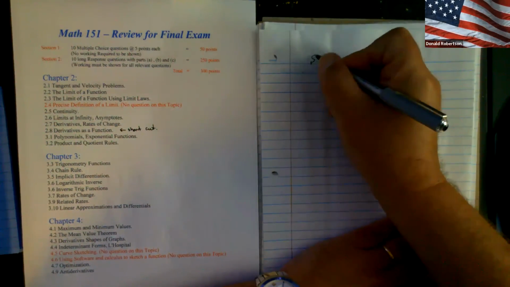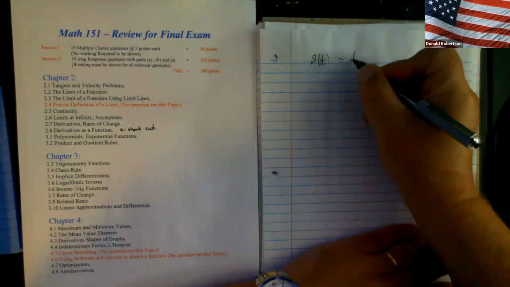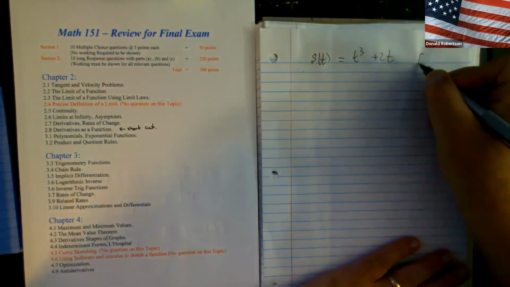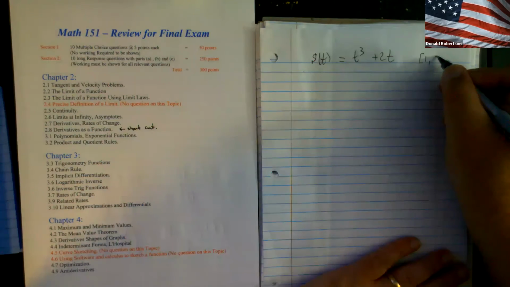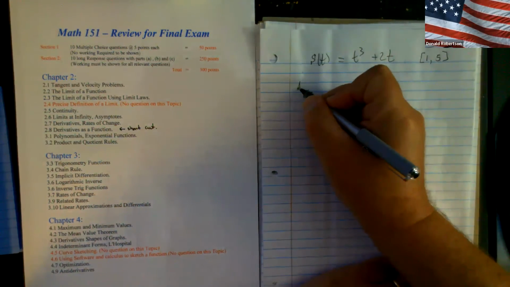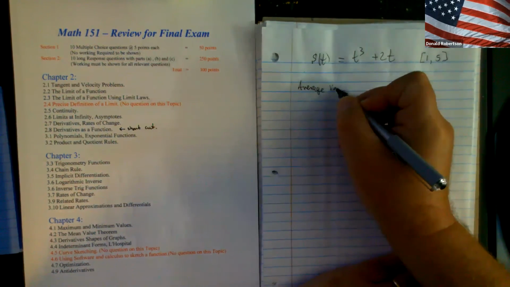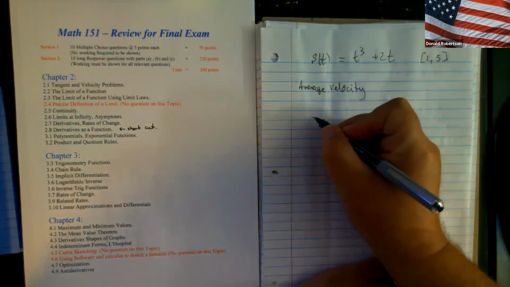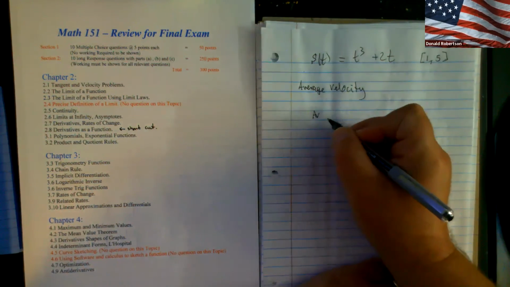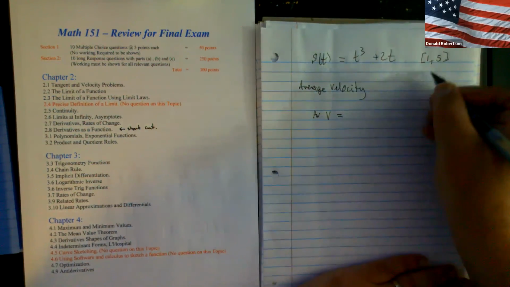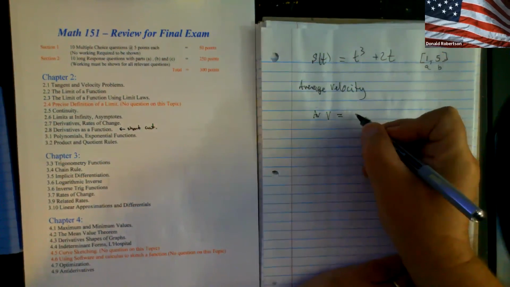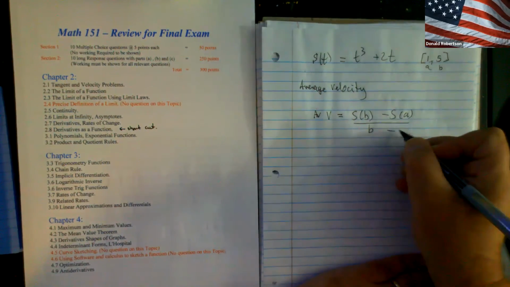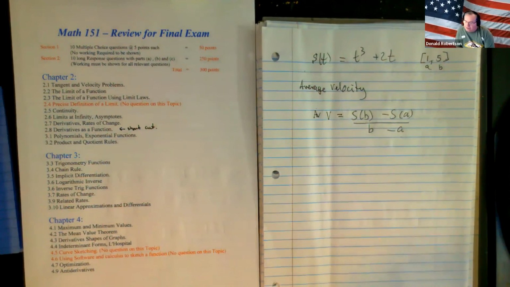Suppose you have a position function t cubed plus 2t, and it starts at the 1 second mark and finishes at the 5 second mark. And I would like to get the average velocity from 1 to 5. Call that A, call that B. It can be found by basically doing this. Do you recognize that as the same rise over run that you would use?